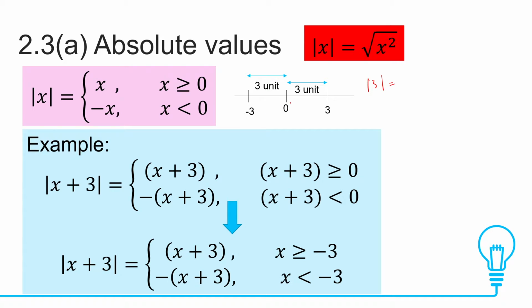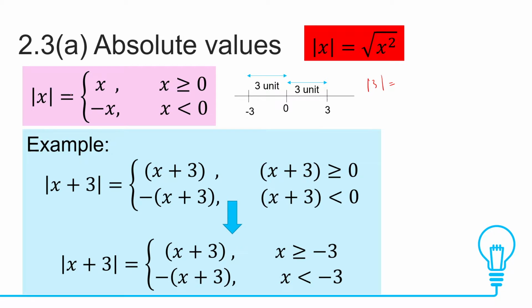The distance from 0 to 3 is 3 units, and from 0 to -3, the distance is also 3 units. So that's why in absolute value, there is no negative value.